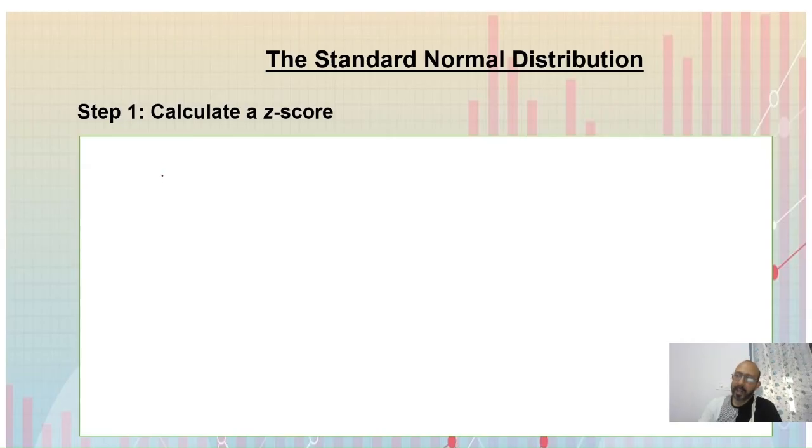You know the formula: z equals x minus mu divided by sigma.